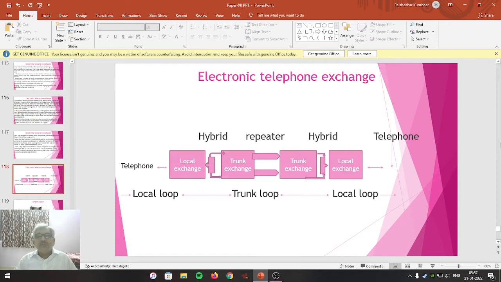So all those aspects combined form the electronic telephone exchange.